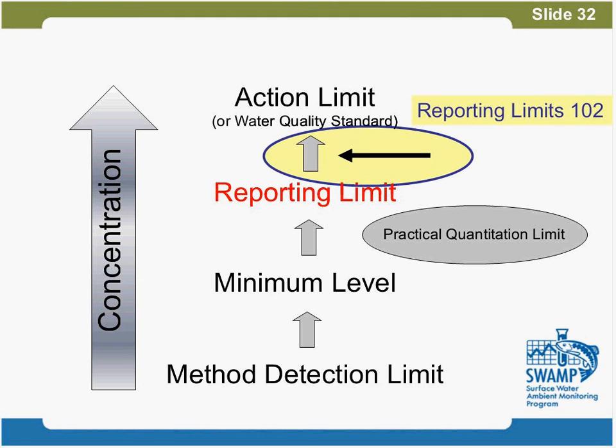If you are very interested in the ability to possibly put them the same, then that is something we would get into in a lot of detail in Reporting Limits 102. And we'll talk about it a little bit today. I want to point it out to you because if this is something you're interested in, I want to know about that, and then we could develop this next course.